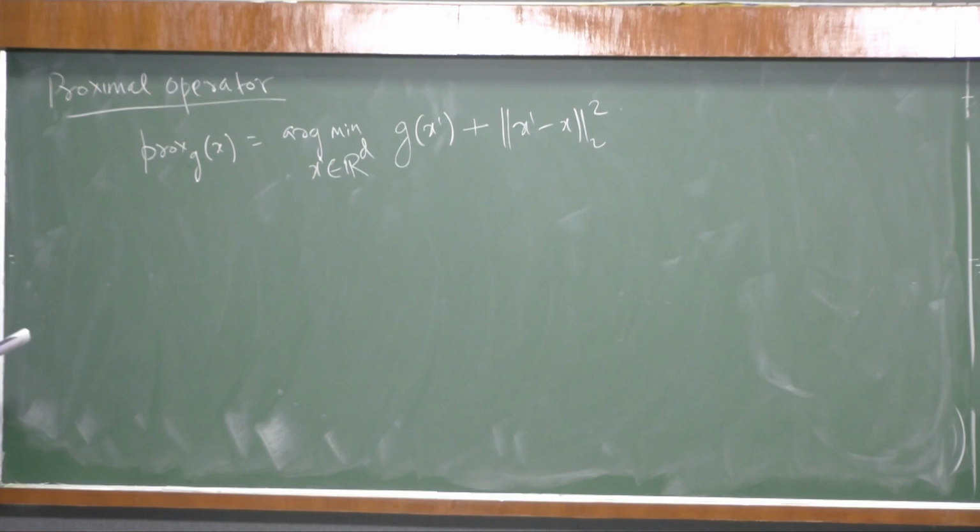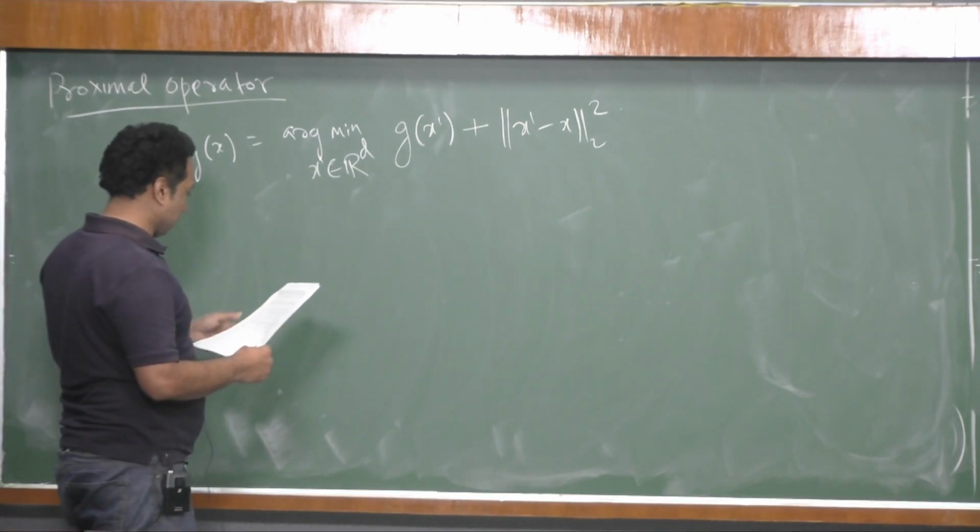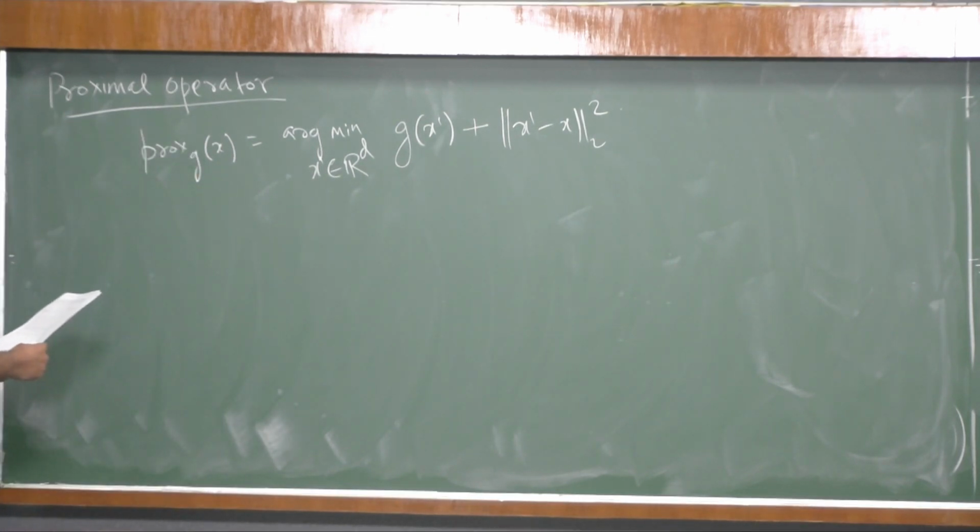So we have seen this in the last class, and we had some results on this. One of the results that we did in the very last class is that it's a non-expansive operator.